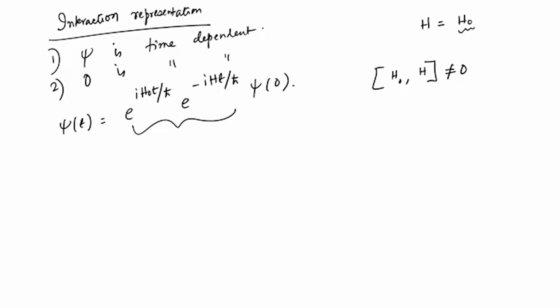So, you have to leave it like this, because if H 0 and H commute, then of course there is no problem. Then interacting systems will have no special status, or rather they do not have to be dealt with any differently than the non-interacting systems, but we know that it happens. Just to give you a clue, exponential A into exponential B is not equal to exponential A plus B, and is equal to exponential A plus B only when A and B commute.